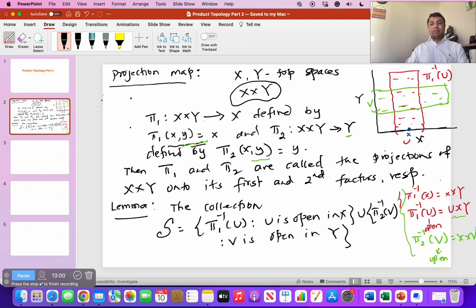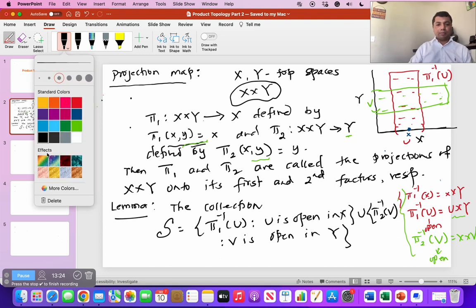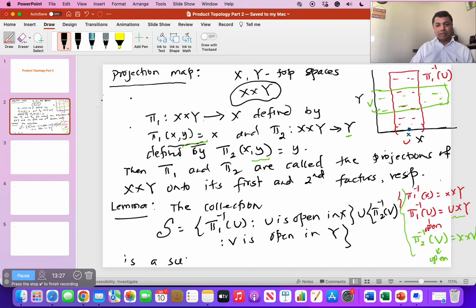This union, the union of the collection of inverse images of those open sets U in x and the inverse images of those open sets V in y, is a subbasis for a topology on x cross y, or you can say a subbasis for the product topology on x cross y.